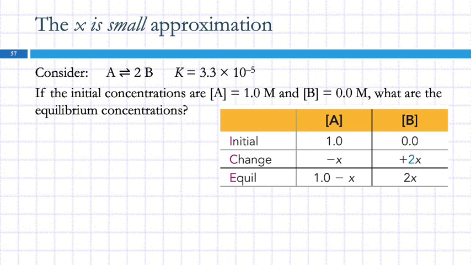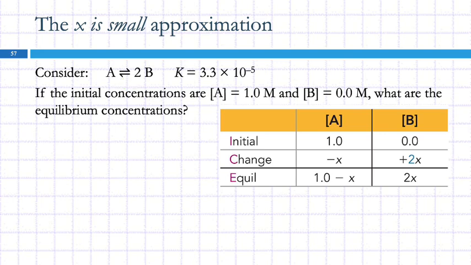We're going to follow the same steps that we learned on Tuesday. We're going to make our ICE table. We're going to put in the initial concentrations that we know. And then we're going to look at the change. So A goes down by X, because it has a coefficient of 1. And B goes up by 2X, because it has a coefficient of 2.